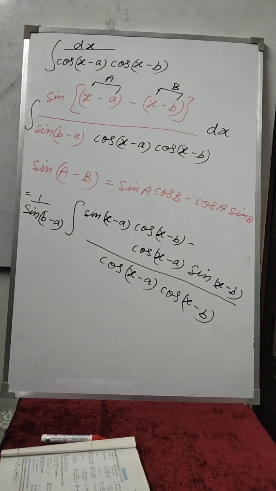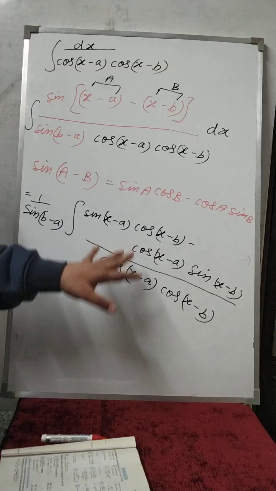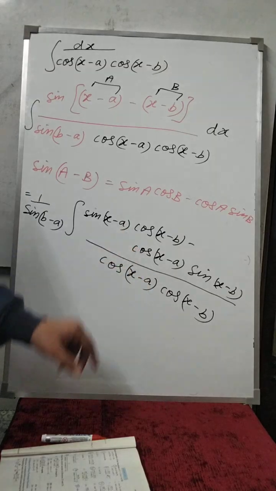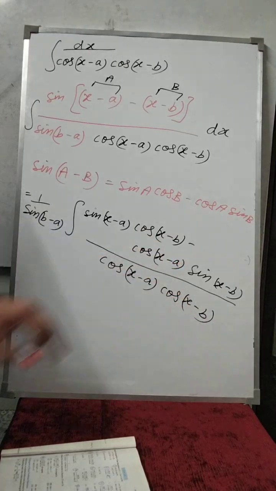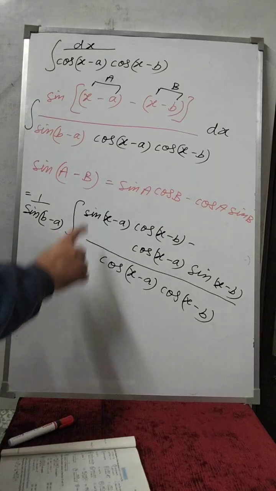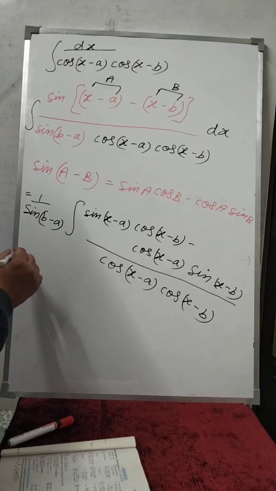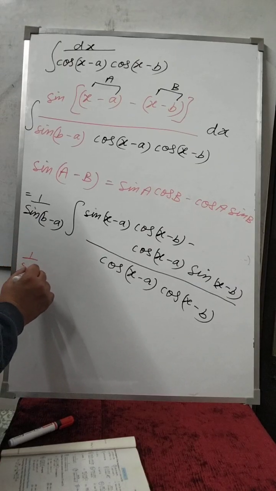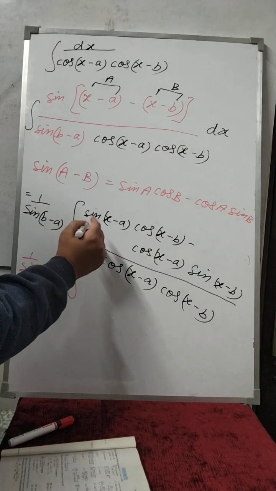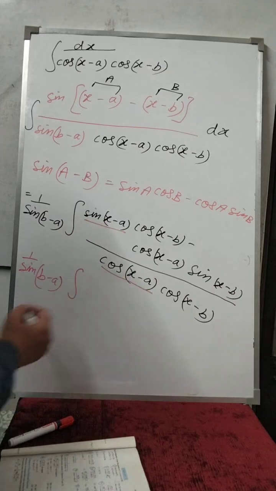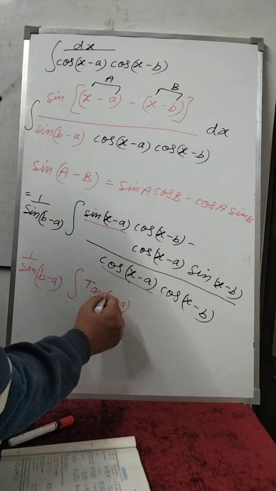Now can you solve this question? See, when I divide this denominator with the first term, cos x minus b will get cancelled with cos x minus b. So what I will remain with is sin x minus a divided by cos x minus a. So this term as it is, 1 upon sin b minus a as it is a constant, integration of sin x minus a divided by cos x minus a will be tan x minus a dx.